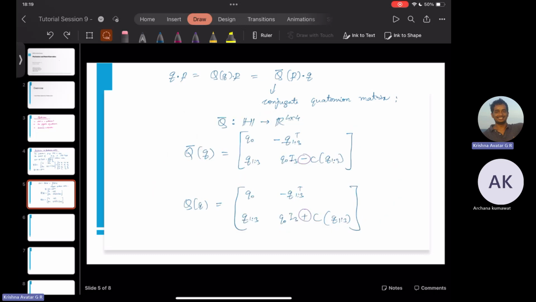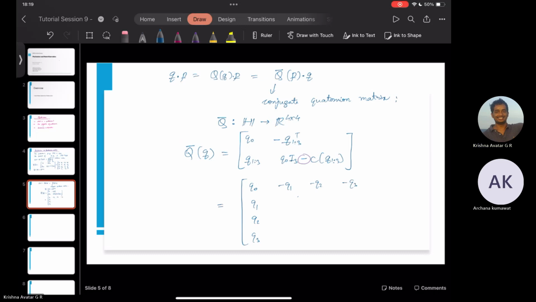Okay, so let me try to... Since it's not working, let's do it here itself. So it will be Q naught and then Q1, Q2, Q3. And here we have minus Q1, minus Q2, minus Q3, right?